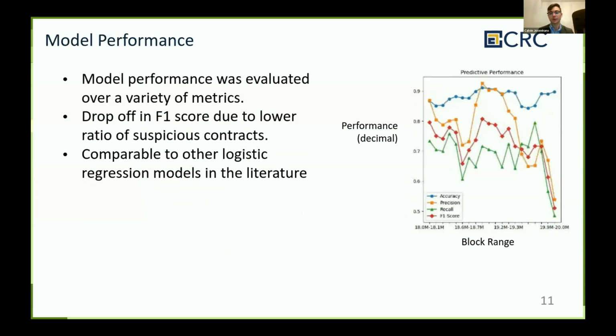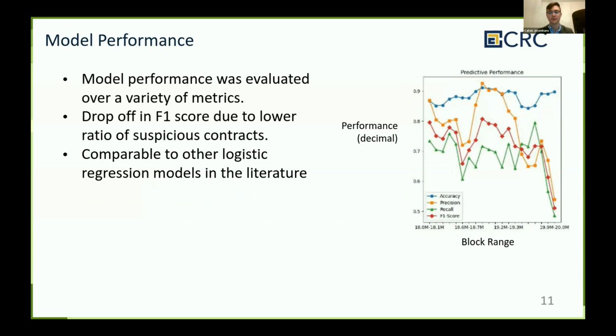We also see, though, that these network characteristics are able to be used predictively. What this shows is a model that was trained only on the first 100,000 blocks and then was tested using the rest of the time spans. And we see it still maintains an average accuracy of 88% or so. But now we additionally see a drop off in F1 score, as well as the other statistics, that track similarly to how they did above.